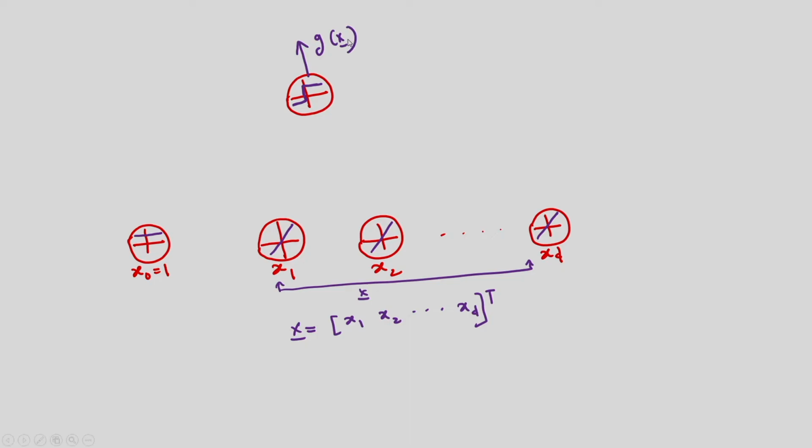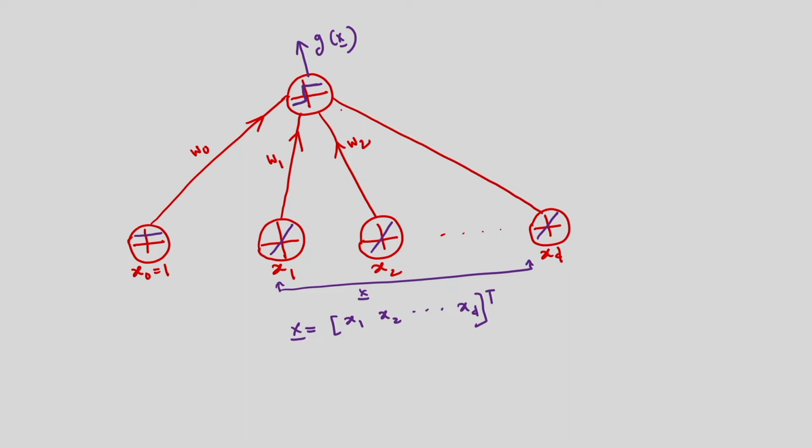So how to determine g(x)? The connection is like this. It is connected to this, and the weight is w0, that is the bias. Corresponding to this the weight is w1, then w2, and up to wd. These are the weights.